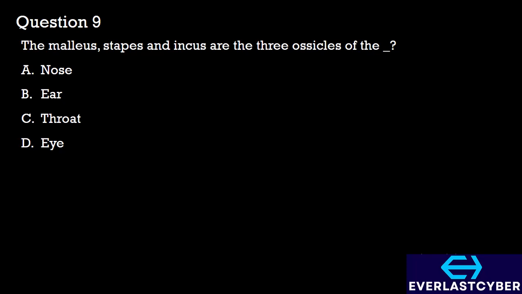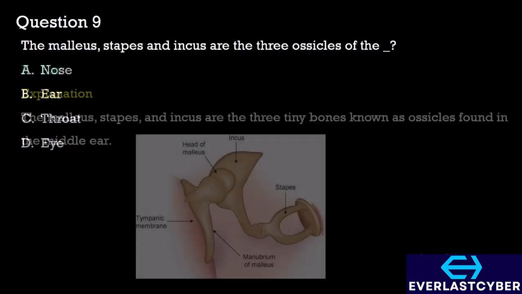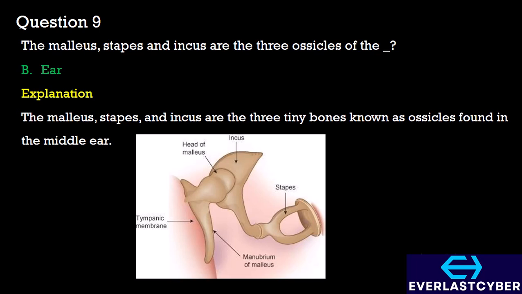These bones play a crucial role in transmitting sound vibrations from the eardrum to the inner ear, where they are converted into nerve signals that the brain can interpret as sound. The throat is involved in swallowing and speech, and the eye does not contain ossicles. It contains structures like the cornea, lens, and retina. So our answer here is option B, the ear.